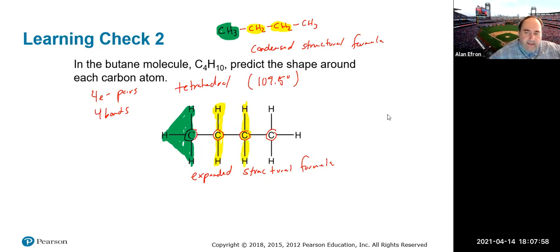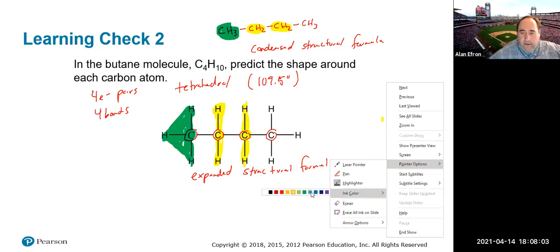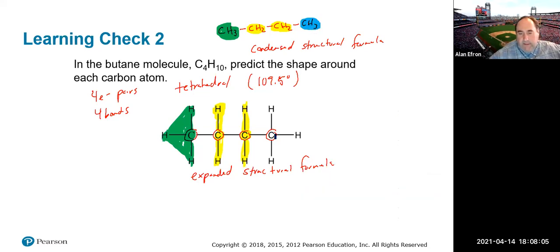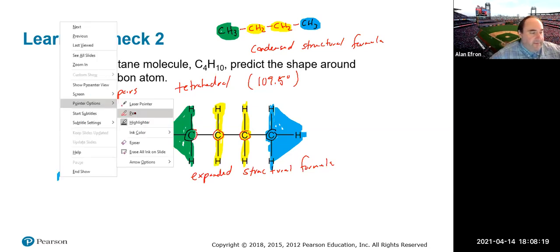And lastly, at the other end, there would be our carbon with 3 hydrogens, 1, 2, and 3 hydrogens happening here. So that's how we go from the expanded structural formula to the condensed structural formula.